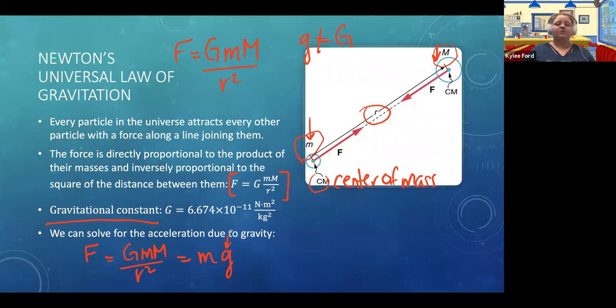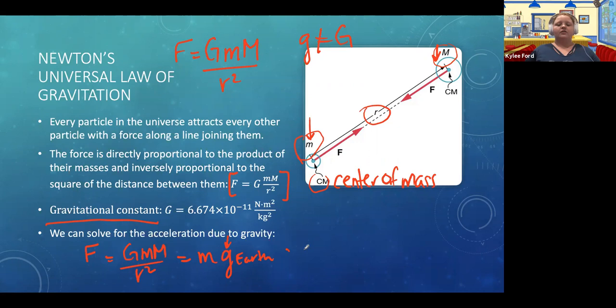So if I want to solve for g on Earth, I'll just write a little Earth right there. I can set these equal to each other because my force is equal to this and it's equal to this.